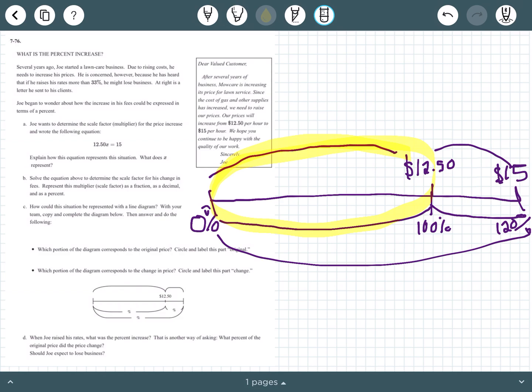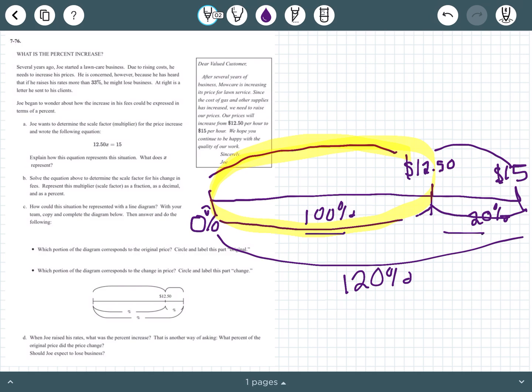I actually put this in the wrong place right here. What I should have done is labeled on the outside that this is representing the whole 120%. This little portion right here represents the 20%. And I really should put the 100% right here. So we can see that the 100% plus the 20% is 120%.